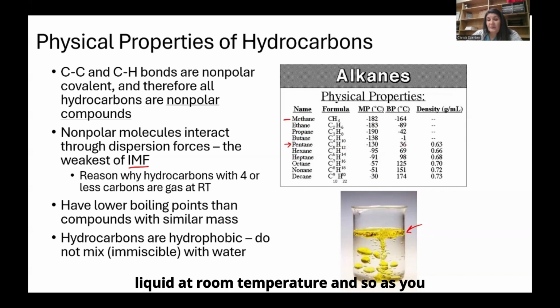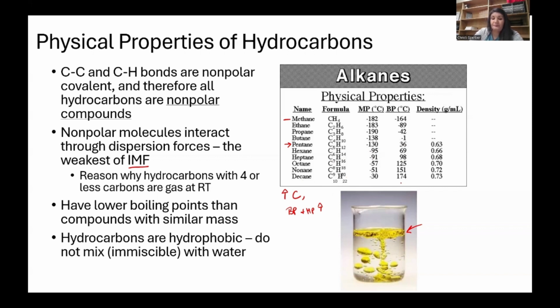It is a liquid at room temperature. And as you increase your number of carbons, your boiling point and melting point increase as well, because you have more bonds you need to break in order for that molecule to boil or change state.